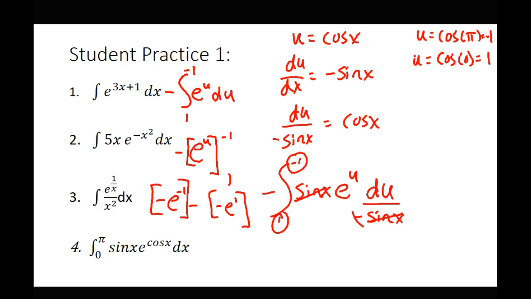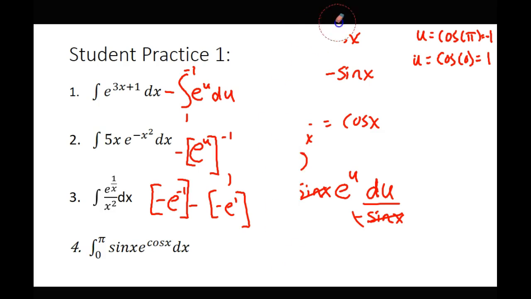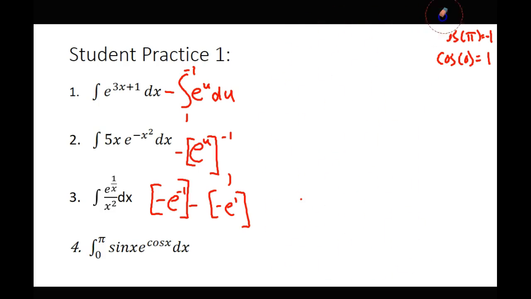Now, I wouldn't be surprised if they wanted you to combine those, although here's one possible answer we could have. They might just leave it like this. Double negatives would be written as a positive. They might just leave it like that. That's possible.